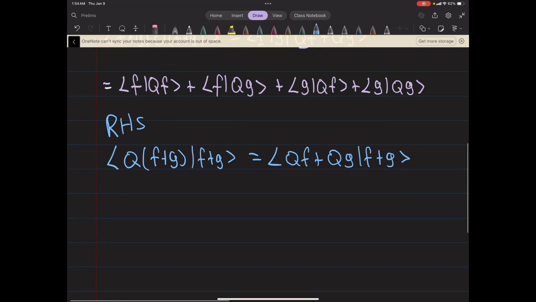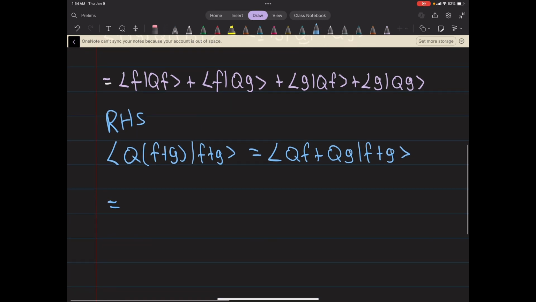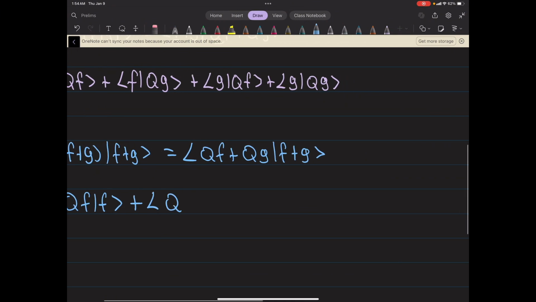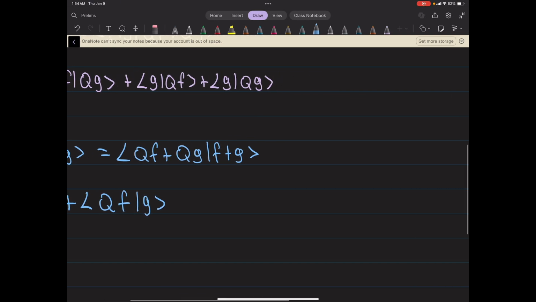And we're going to get the following. So this is just writing this out into multiple inner products. And this is the exact same thing we did above, where we're just essentially expanding it.